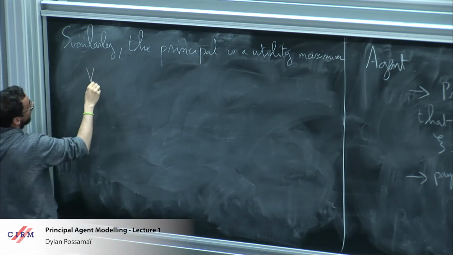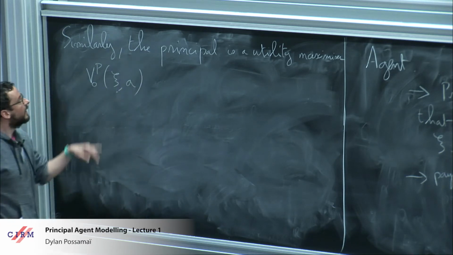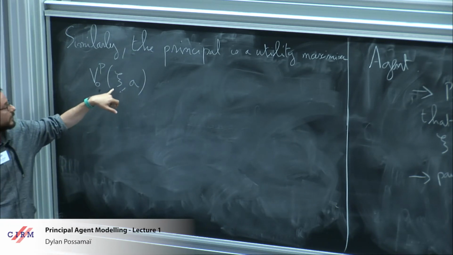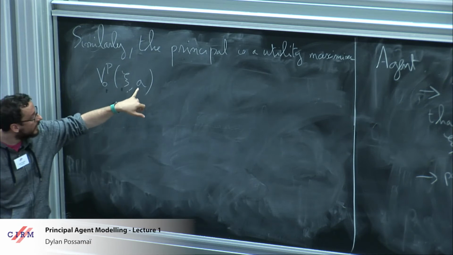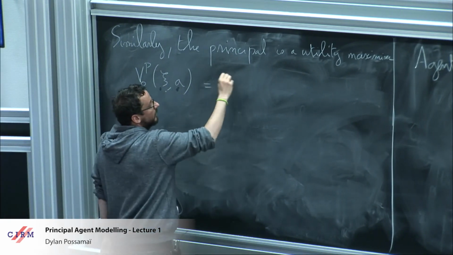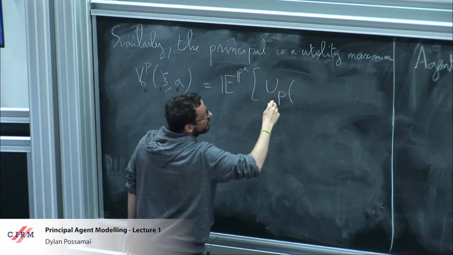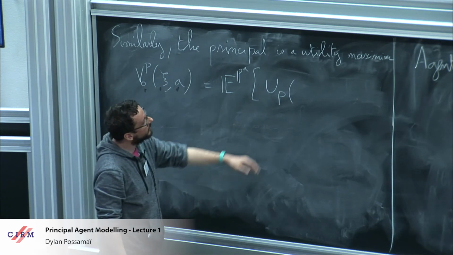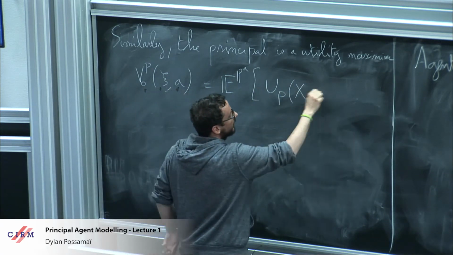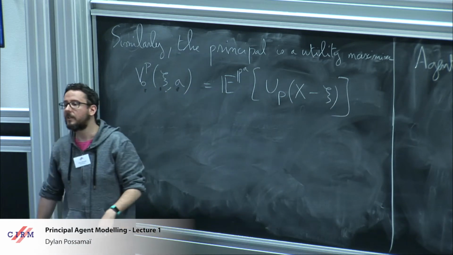And then we define, again, the utility that the principal gets when he offers this contract and the agent makes this level of effort. I'm going to be given some utility function for the principal, a very simple specification here.